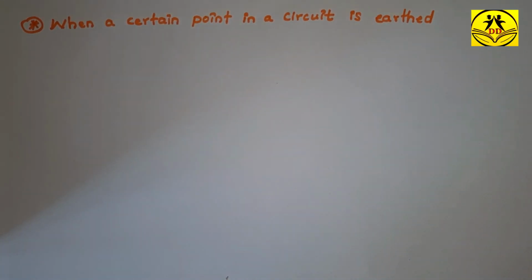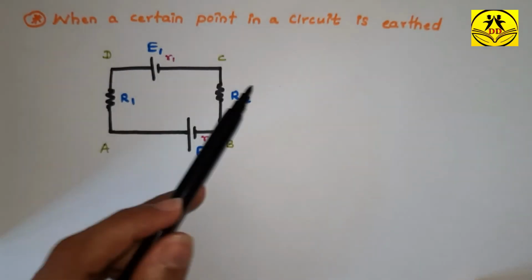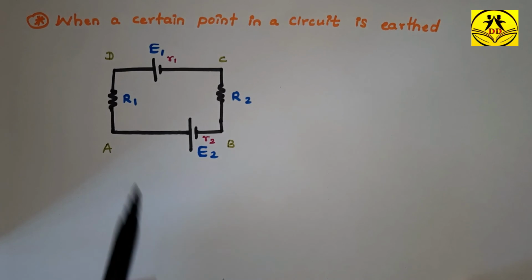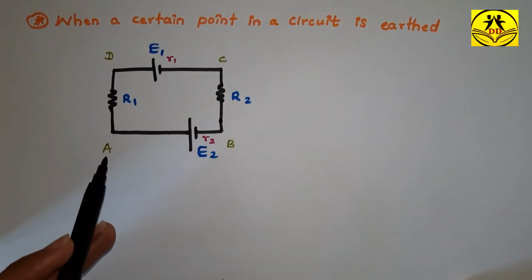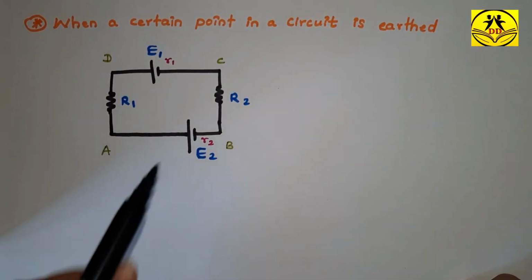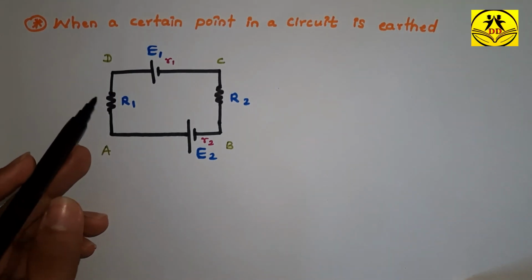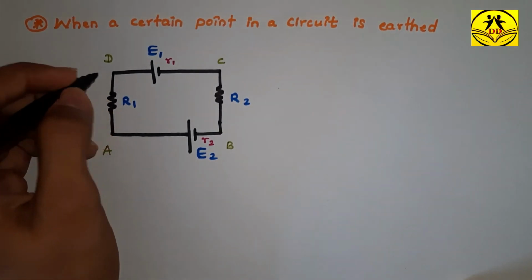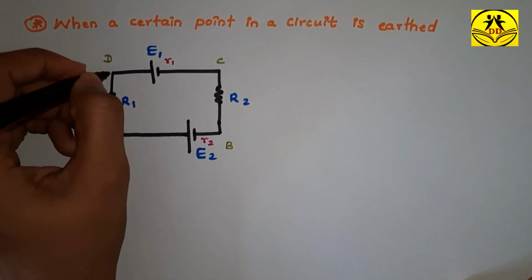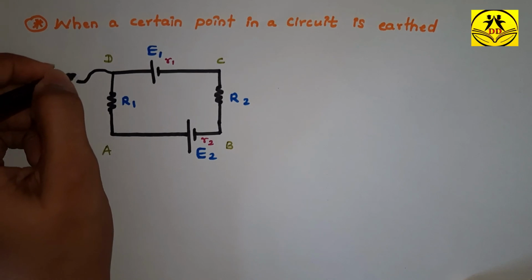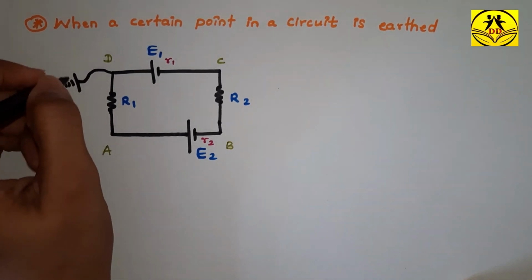Now if I draw it here, consider a circuit like this, an ABCD circuit. If I earth a point of this circuit, for example this point, earthing means you connect a conducting wire to the earth. This is how you mark it.